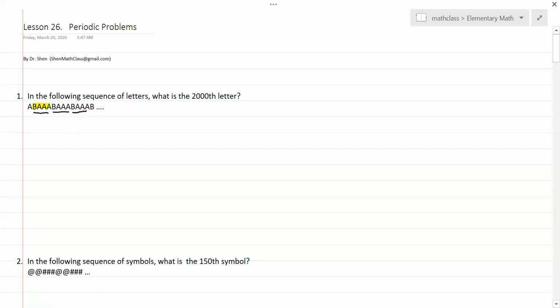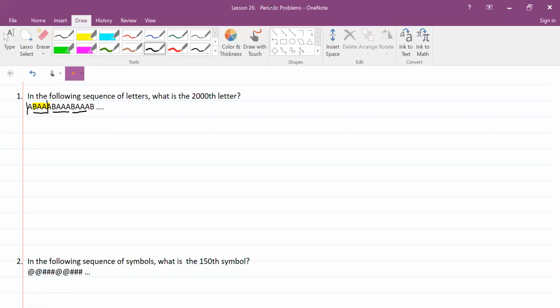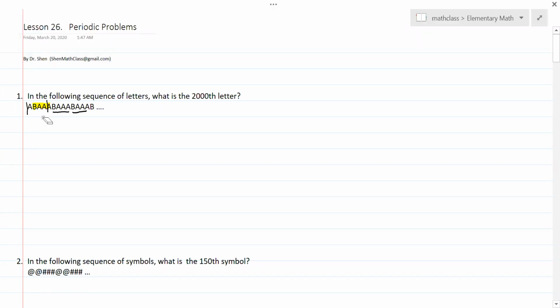If you just look at AB, AAA, ABAA, well, this is one way. You can also look at ABAA, and ABA. That's a better way. There are a couple of ways to do it. Some problems you cannot find the period unless you delete the first letters.